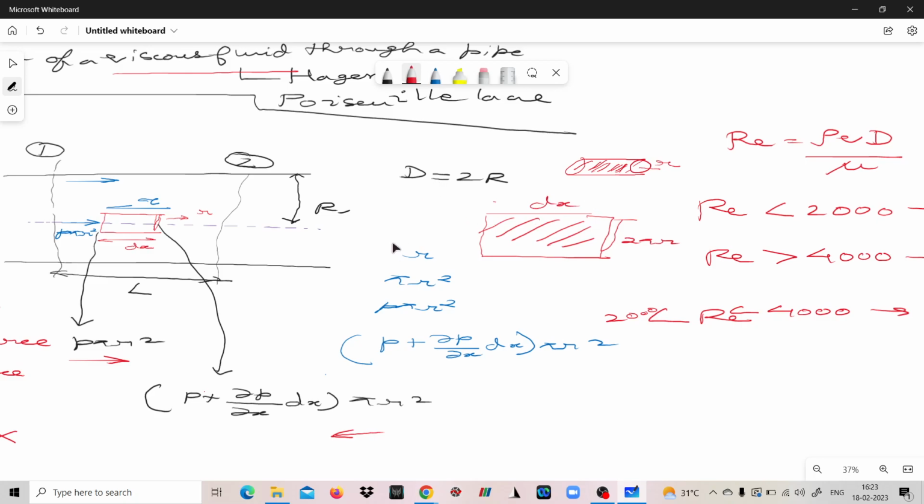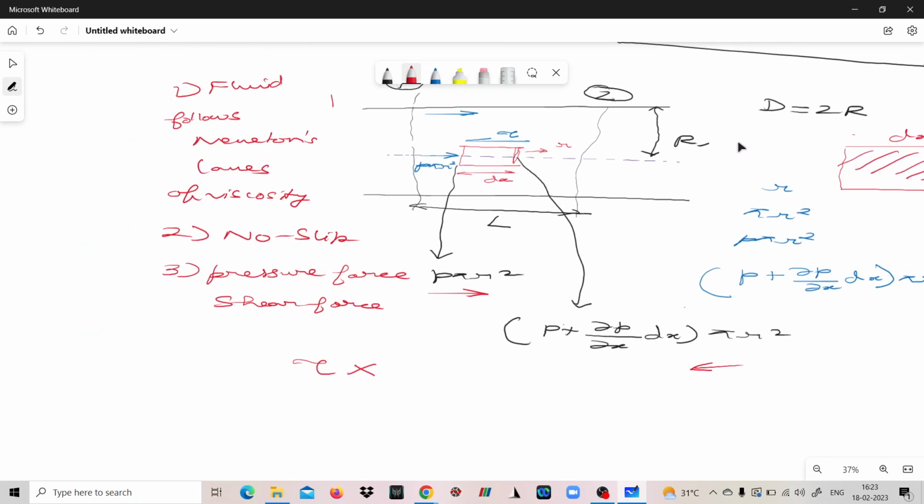So tau will be multiplied with the area, which is 2 pi r into dx. And it is acting along this direction.